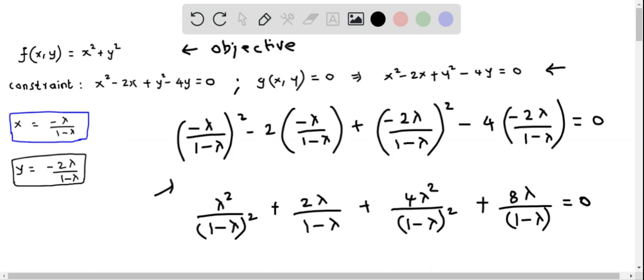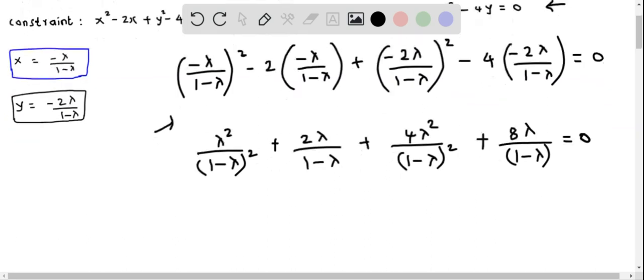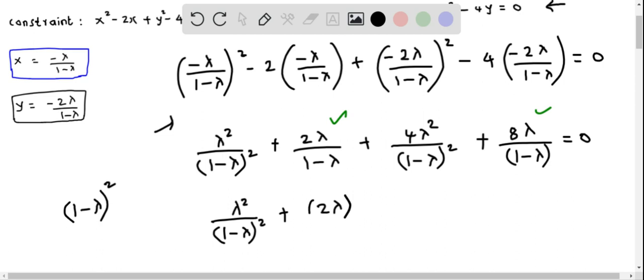This equals 0. We see that the common denominator is going to be (1 minus lambda) squared. So we have to multiply and divide the second term and the last term by 1 minus lambda. We get lambda squared divided by (1 minus lambda) squared, plus 2 lambda. We just have to multiply only by the term 1 minus lambda and not by (1 minus lambda) squared.